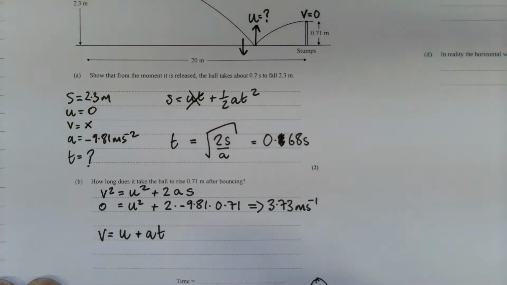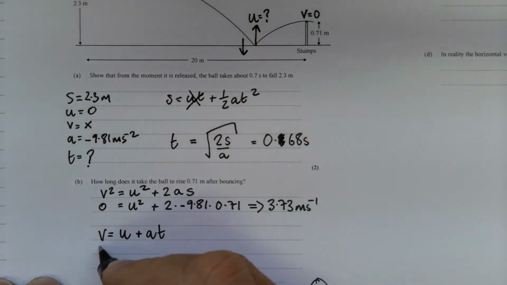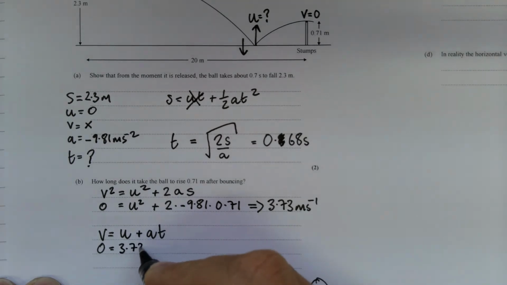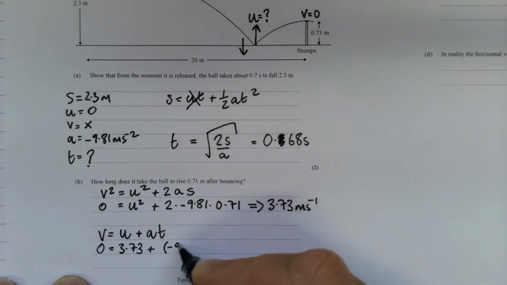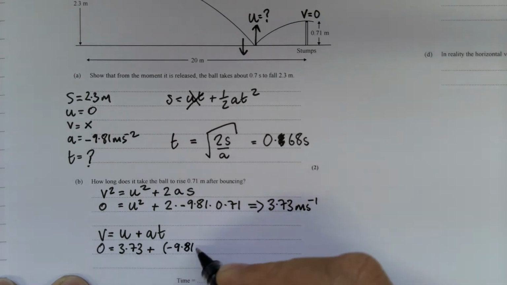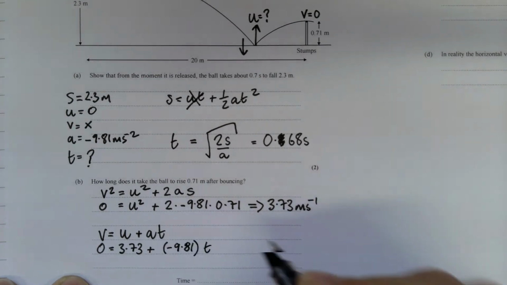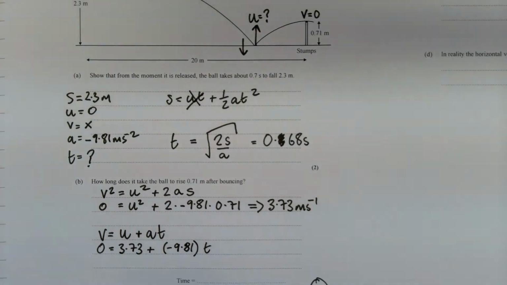If we use that, we've got that the final velocity is 0 equals 3.73 plus minus 9.81 times t. And the t comes out at 0.38 seconds. But I think you need to confirm that.